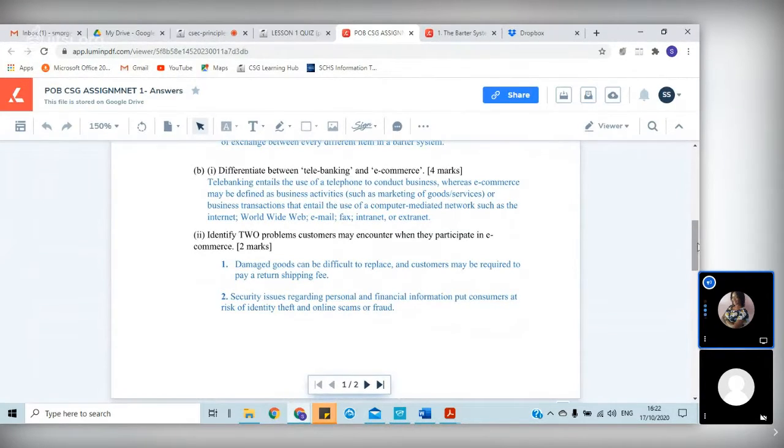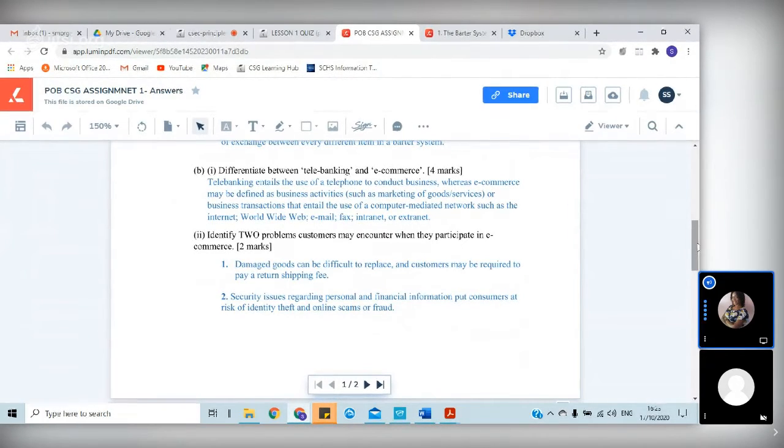That includes the use of the computer network, the internet, the email, the World Wide Web, etc. So that is the difference. Telebanking uses the telephone, e-commerce uses the computer network to do business transactions.